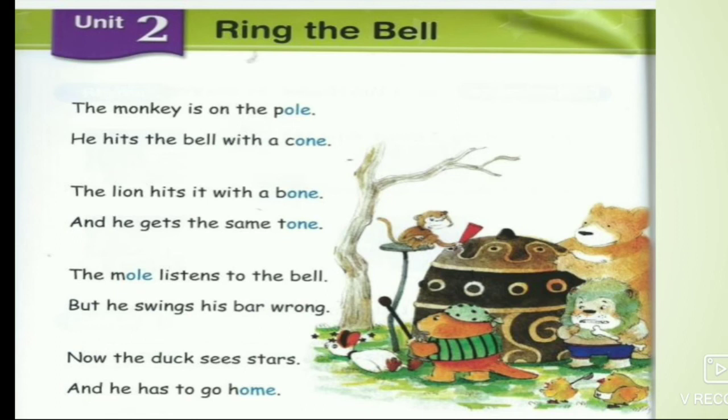The mole swung his bar wrong and he hit the duck, and now the duck sees stars. Sentence number 8. And he has to go home. Why? Because the mole hit him, okay? And now he sees stars and he wants to go home.